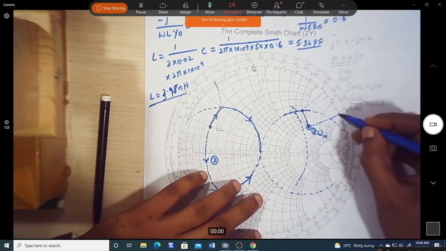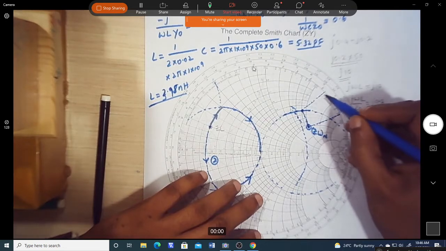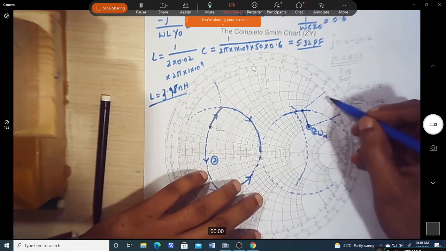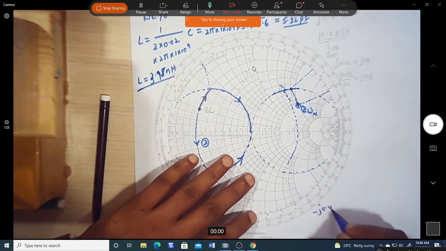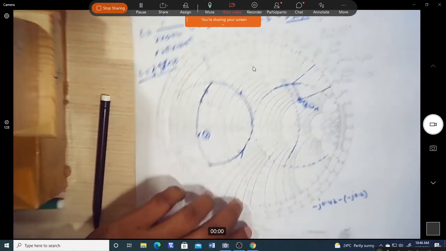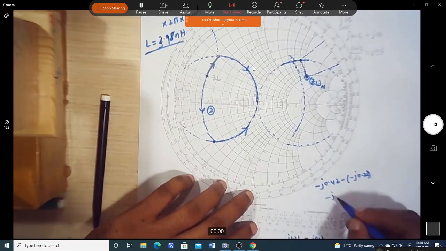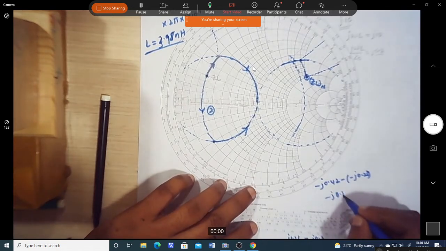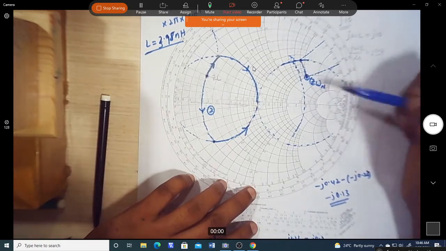So this point, and this point which is in between 0.4 and 0.5, so it is near to 0.4, I will take it as 0.42. Okay, so that is minus j.42 minus of minus j.25. So as I said, it will give minus j.13. So this is the value of the susceptance offered by the inductor.